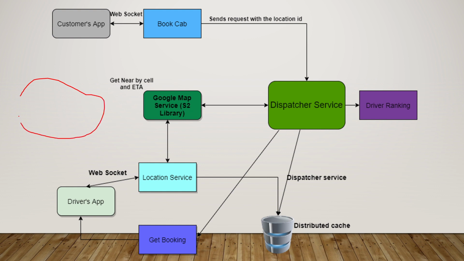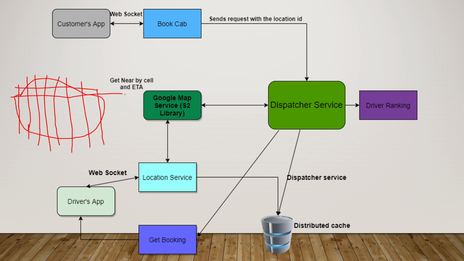So if you see, suppose this is a city, so what Google Map service will do is it will break down this city into some grids, which I was showing you in the previous slide, where I said in grid 1 there are multiple drivers or something like that. So it will break down the city into squares.